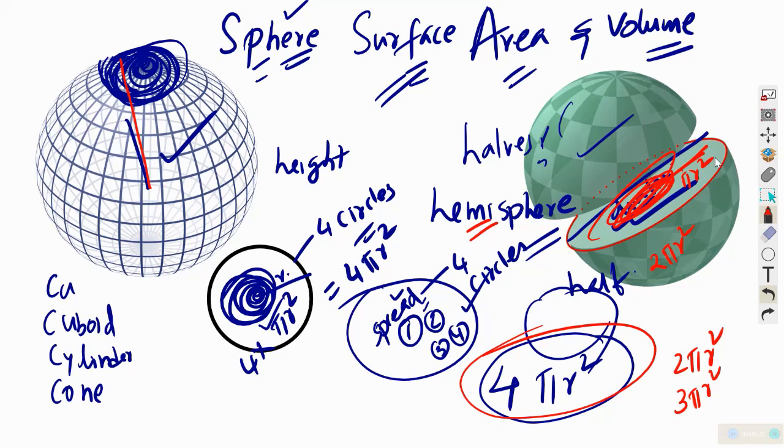So my dear students, as far as sphere is concerned, you have the formulas: 4 pi r square for a sphere, 2 pi r square for the curved surface of a hemisphere, and 3 pi r square for the total surface area of a hemisphere. Correct?